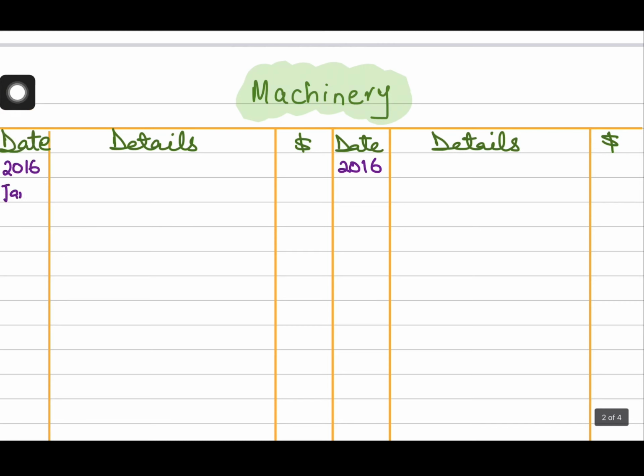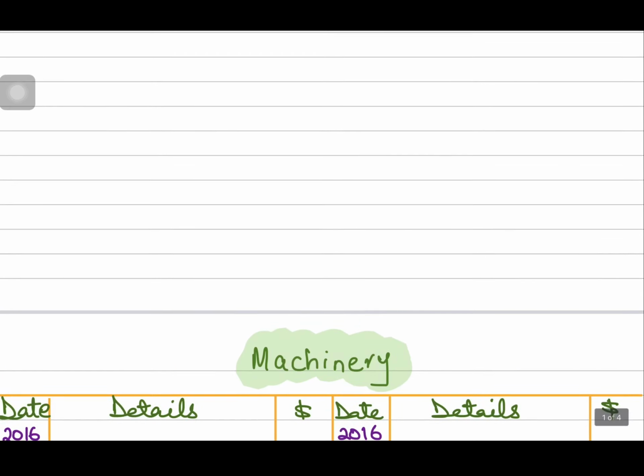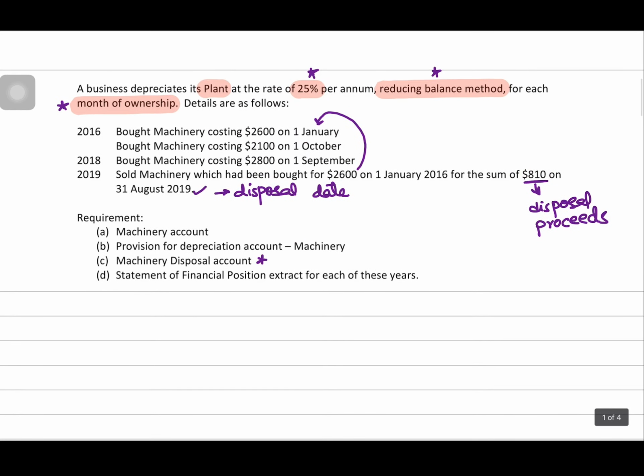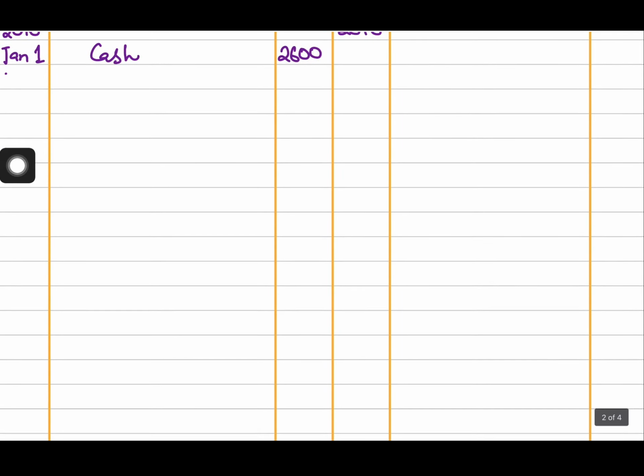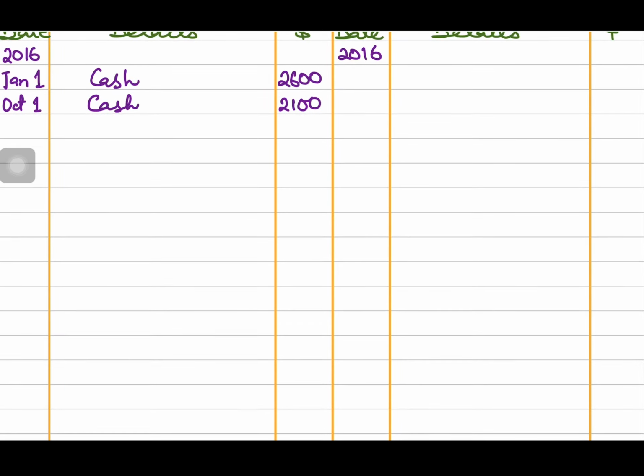So January 1st, 2600. Then there is another purchase on 1st of October amounting to 2100. October 1st, 2100, right? No more purchases. This means that we now just have to extract the balance. So balance carried down will be 2600 plus 2100, 4700. That is the total as well.